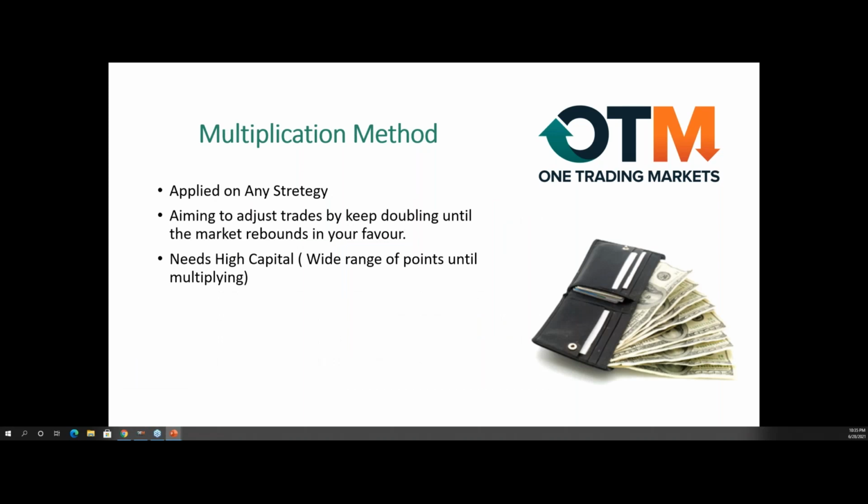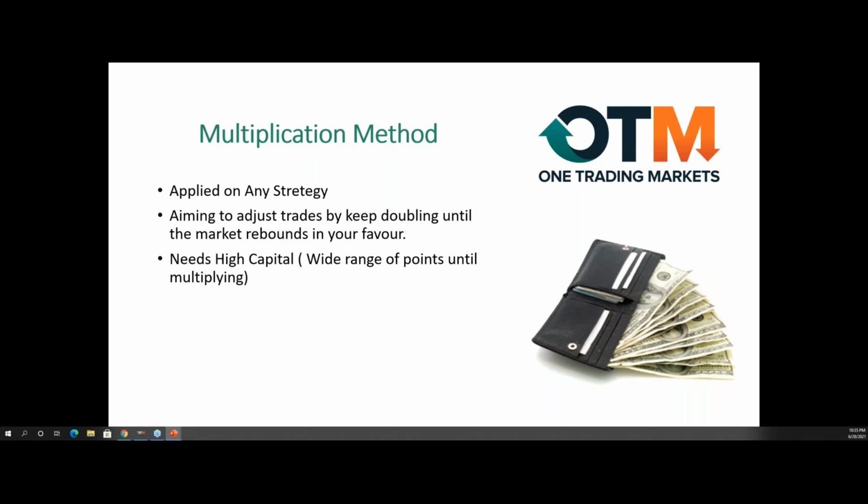So those were the two important moving averages strategies. And now I would like to add on it the multiplication method. Remember when I was telling you about the stop loss, you can put it as an exact figure or to use multiplication. What's multiplication?